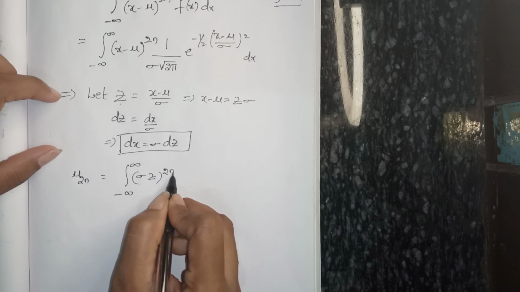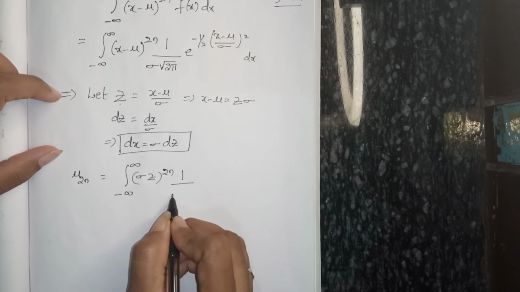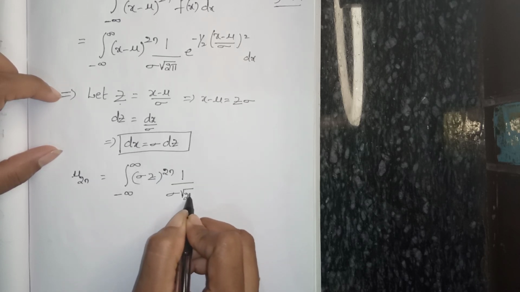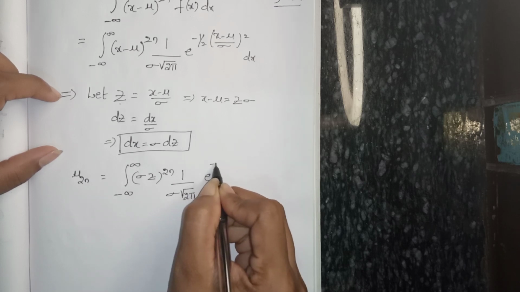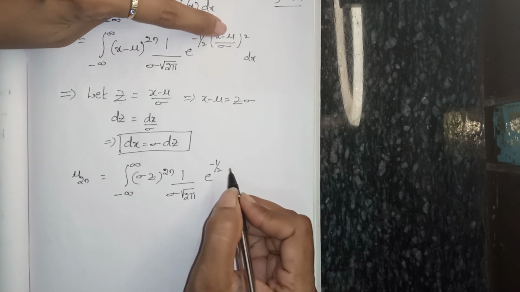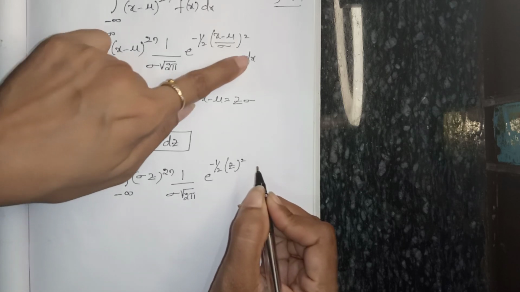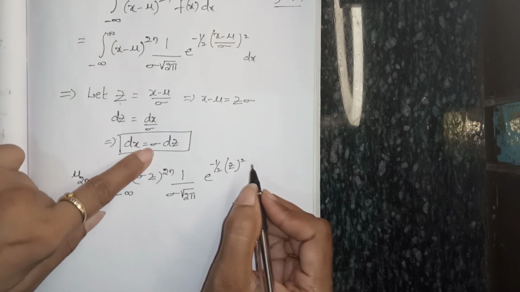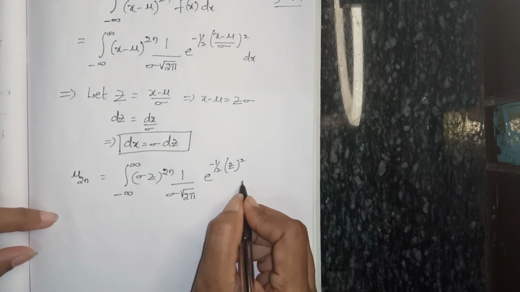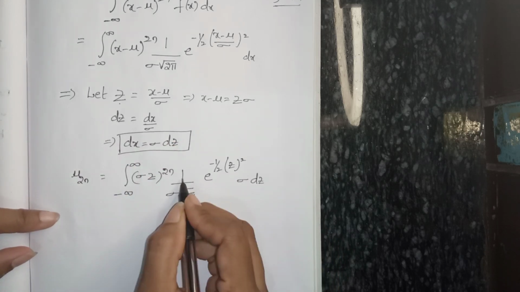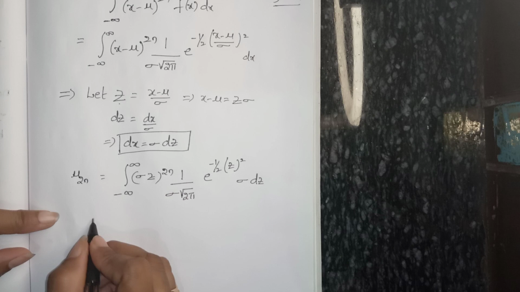Then 1 by sigma root 2 pi into e power minus 1 by 2 into ((x minus mu) by sigma), which is z, whole square, and dx is sigma dz.